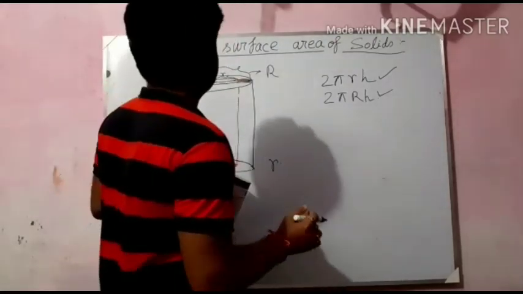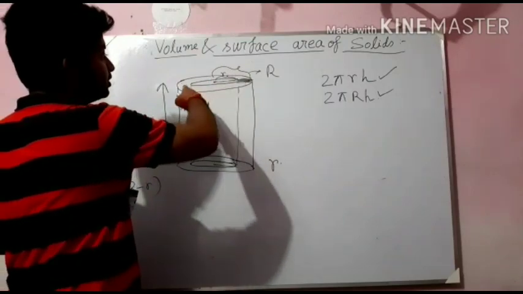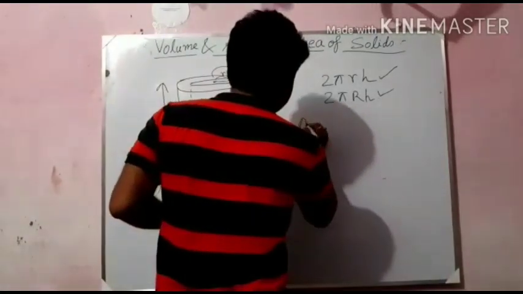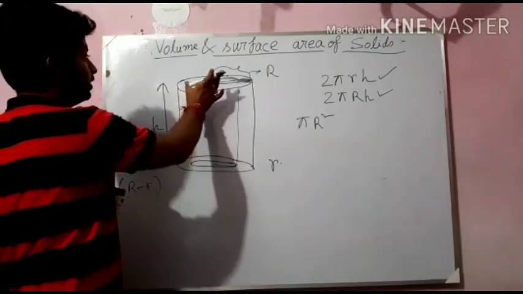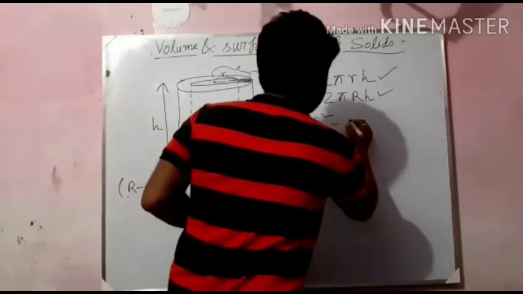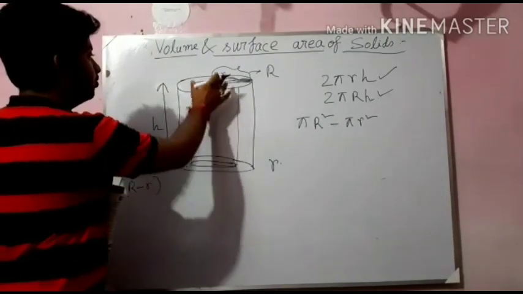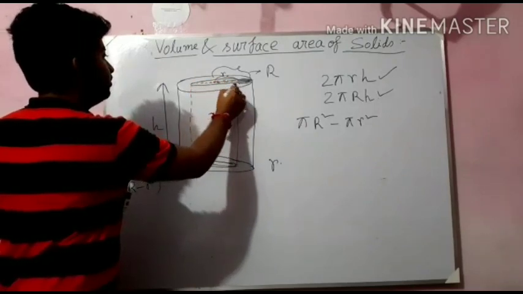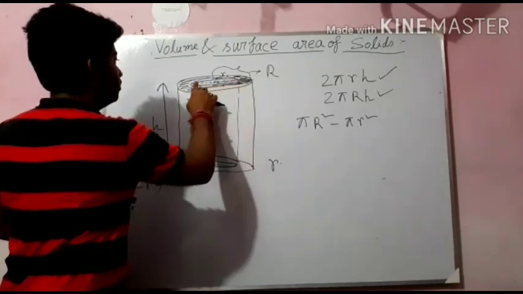Now, what is the area of the upper circular surface for the larger cylinder? That is pi capital R square, and from there we have to subtract the upper circular surface area of the smaller cylinder, that is pi small r square, because this area was hollow. This much space was empty, right? So we have this much area to add only, not this one.